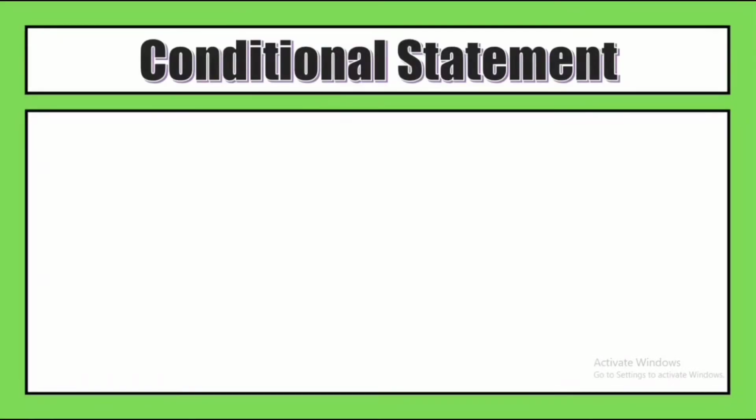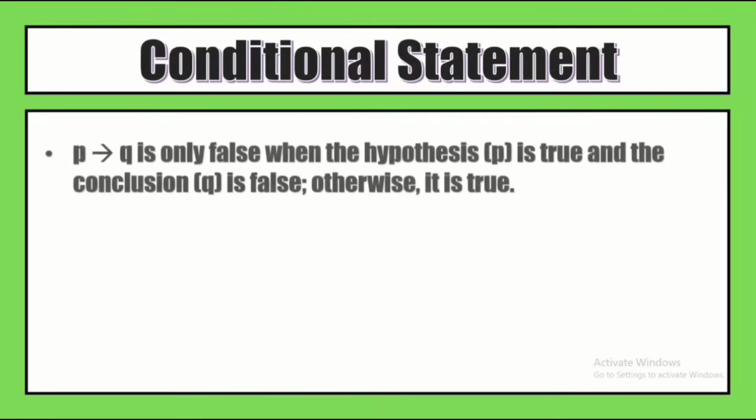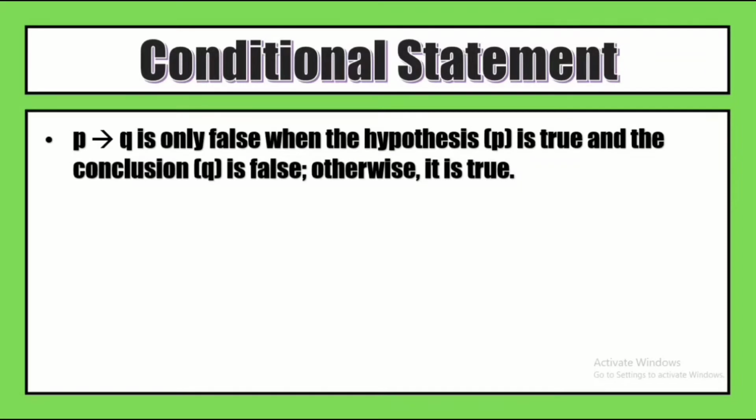But let's talk about how to construct a truth table under the conditional statement. So, papadaliin lang natin yung problem natin kung paano ba mag-construct ng truth table. Kasi nandito na lahat. Okay, so, ito lang yung technique natin. If P then Q is only false when the hypothesis P or the premise is true and the conclusion Q is false.